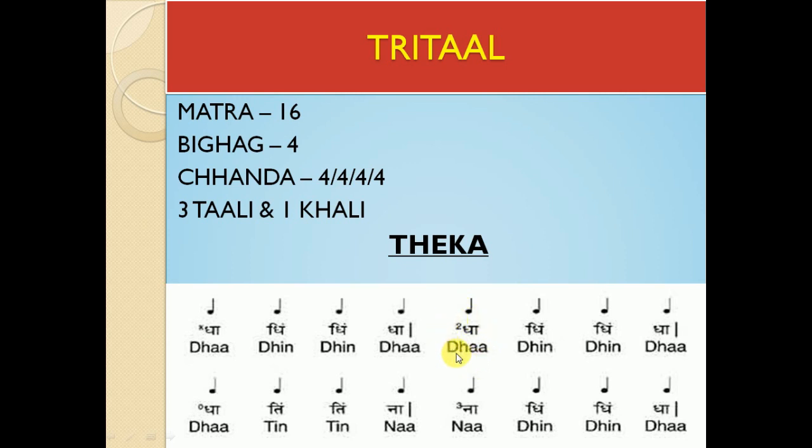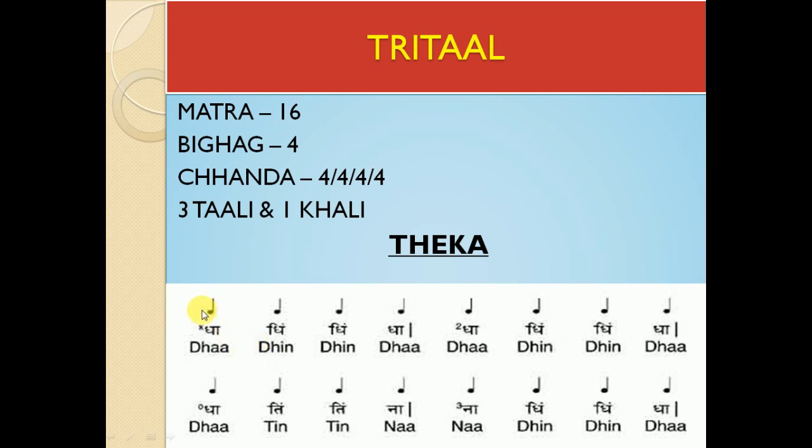So on this particular dha, we will clap again. Okay, and then on this dha, we have a 0 symbol. So 0 means khali. And on this na, we have a symbol like 3. So 3 is again a clap. Okay, how many total claps? How many total talis? 3 talis.